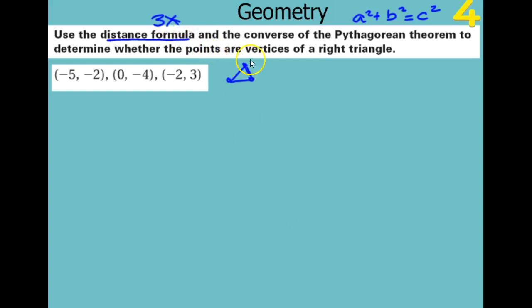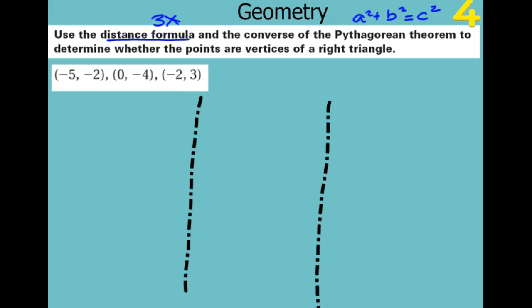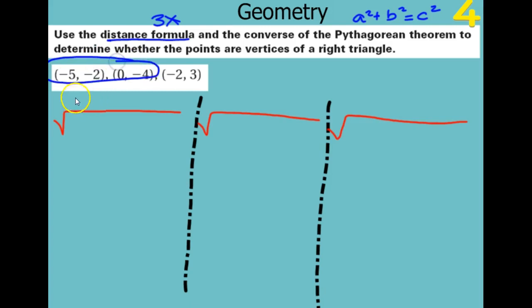So I'm going to separate out my paper here so that I have the space to do this 3 times. Each one is going to be the square root, so I'm going to draw some square roots here. First I'm going to look at just these first 2 points. I'm going to put them up here, -5, -2, and 0, -4.